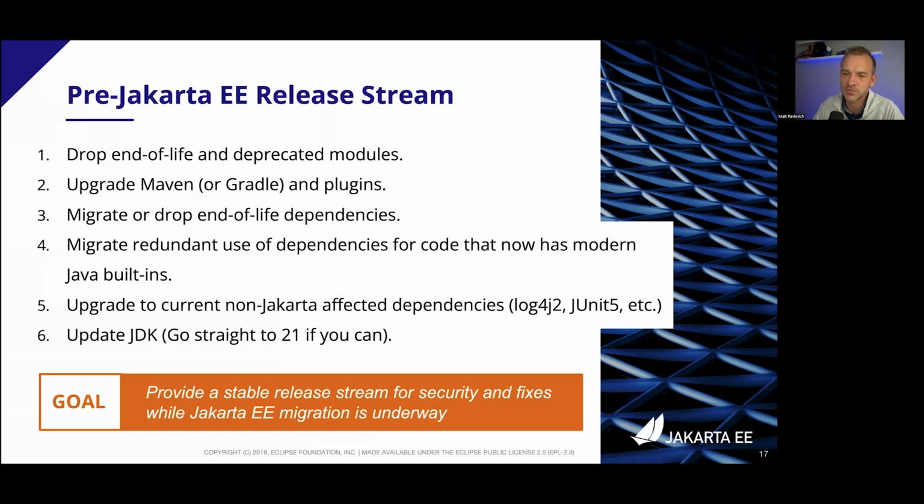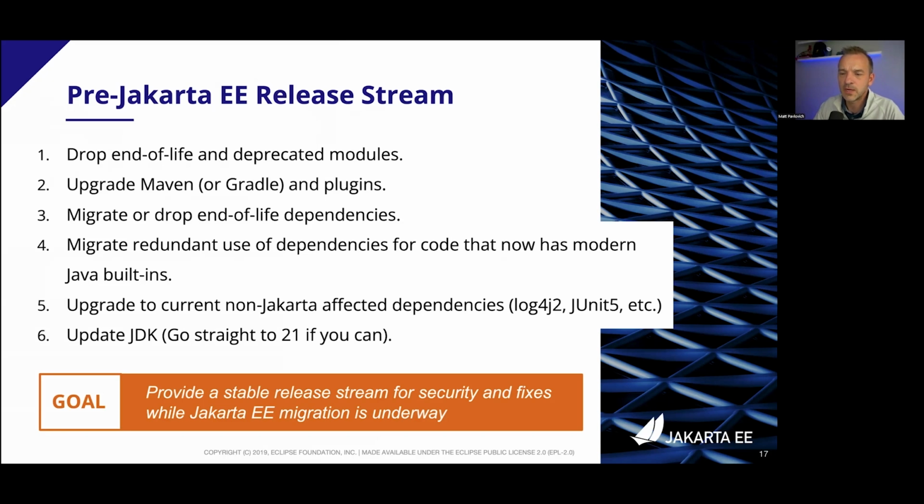So this is where you want to drop any end of life and deprecated code modules from your code. You want to upgrade Maven, or if you're using Gradle, the plugins there, and migrate or drop any end of life third-party dependencies. Anything that's redundant that you could replace with Java built-ins, take the time now to do that.